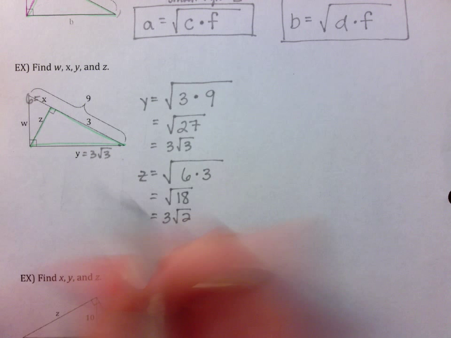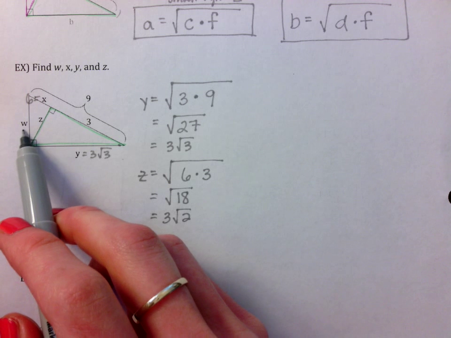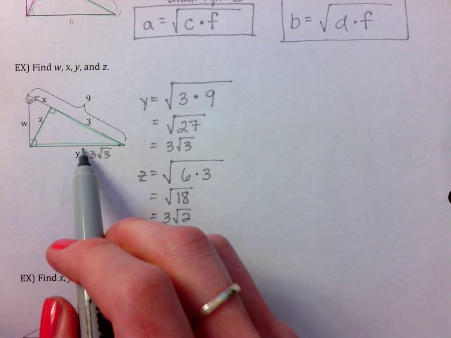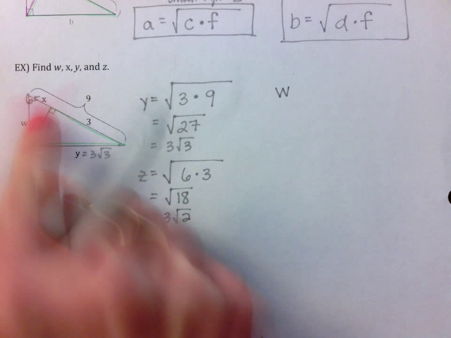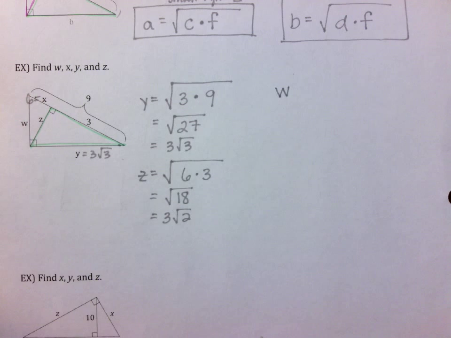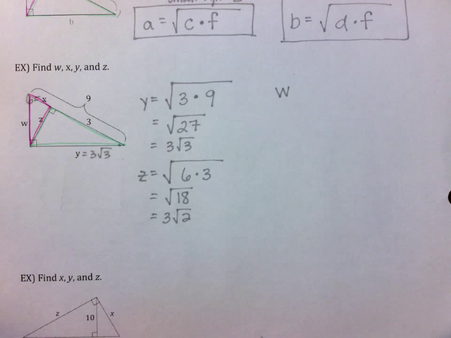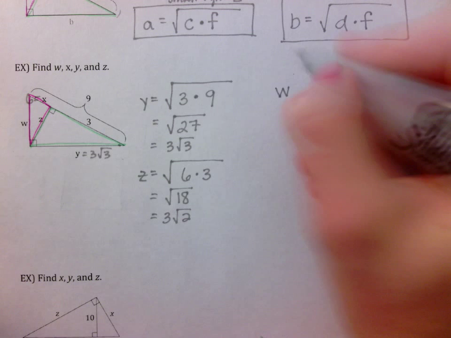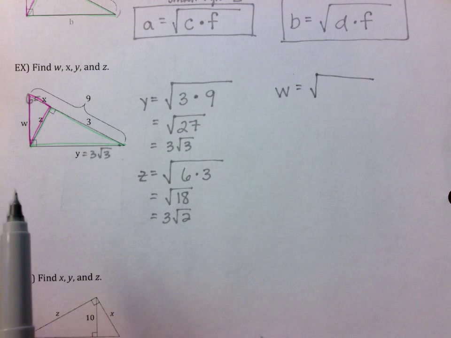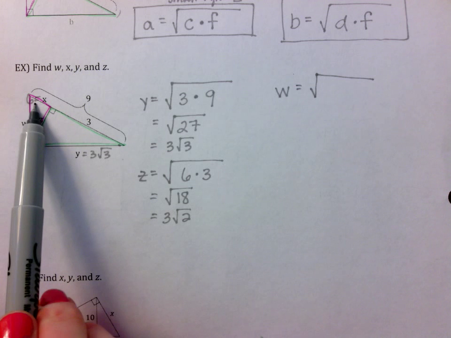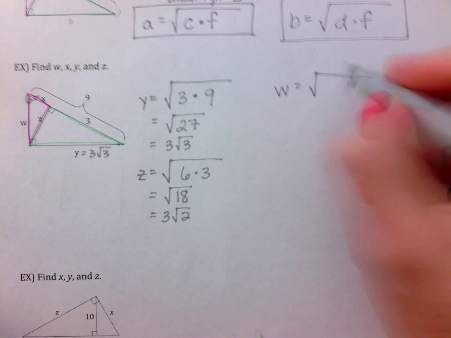All right, and last but not least, we need to find W. So using the leg theorem, we can do something similar to what we did over here. The hypotenuse of that small triangle formed, the pink triangle, is equal to the geometric mean of 6, its leg, and the original hypotenuse length.